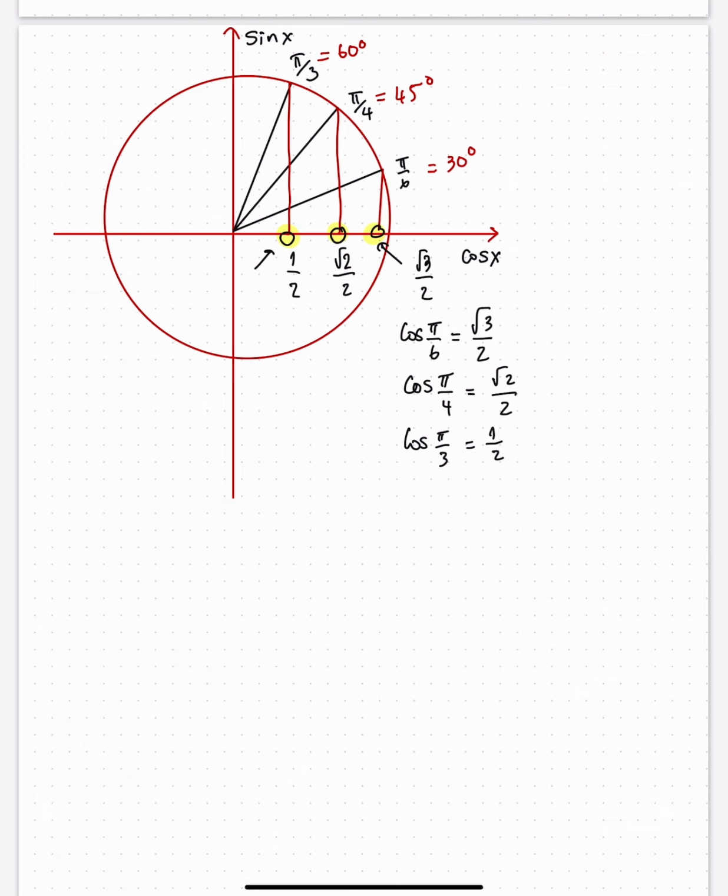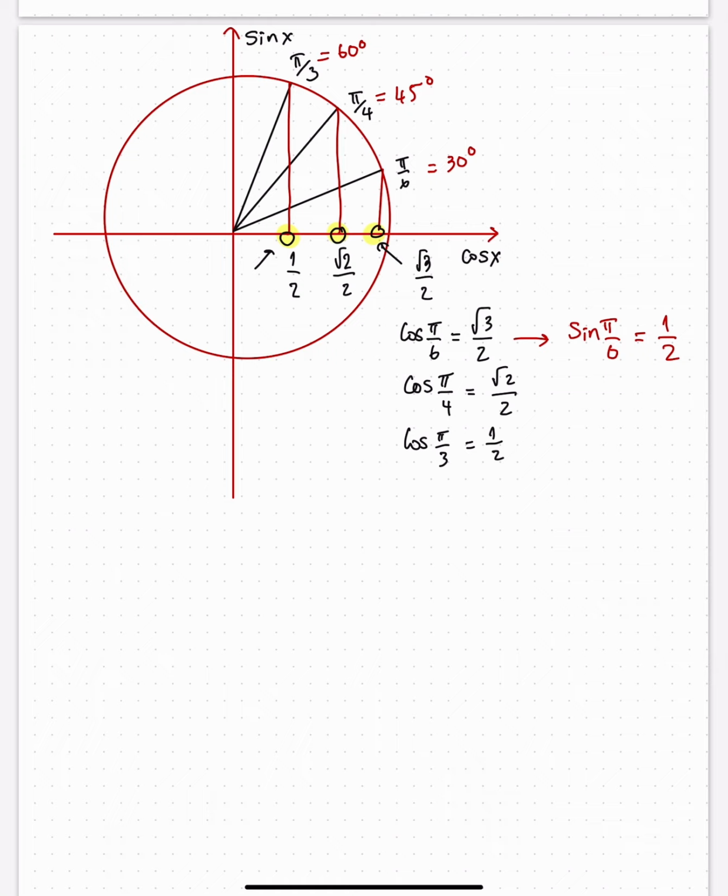So cosine pi over 6 equals square root 3 over 2. You have to remember that square root 3 over 2 and 1 over 2 are like enemies. Why enemies? Because if cosine pi over 6 equals square root 3 over 2, sine will be 1 over 2. So for any angle whose cosine equals square root 3 over 2, we can consider that the sine of that angle equals 1 over 2.